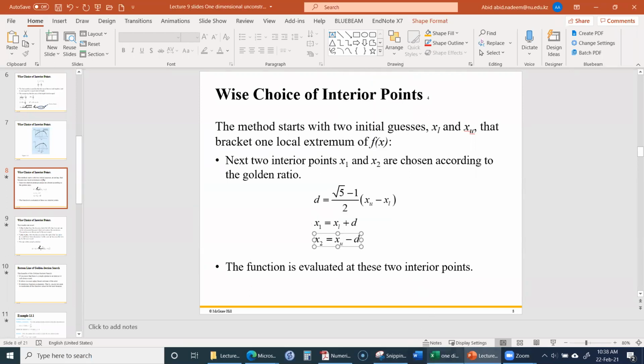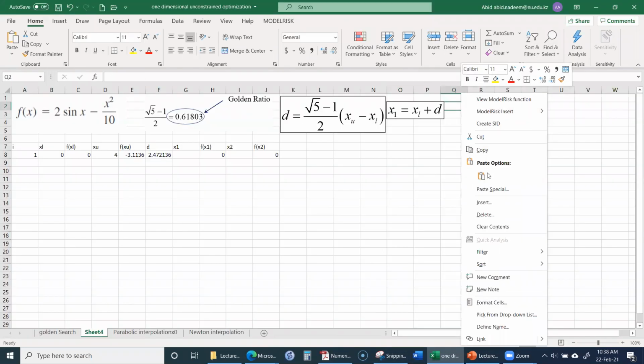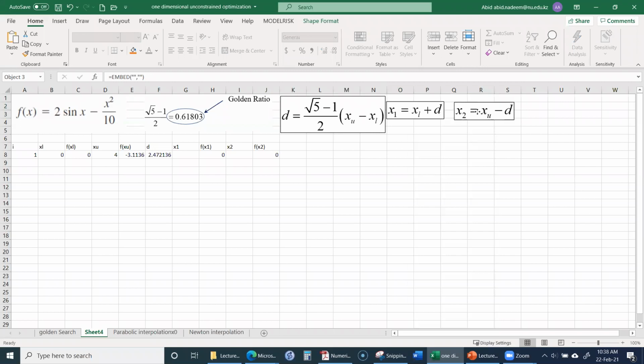X2 is equal to XU minus D. Since I found the value of X1, the corresponding value of the function fx1 was found.